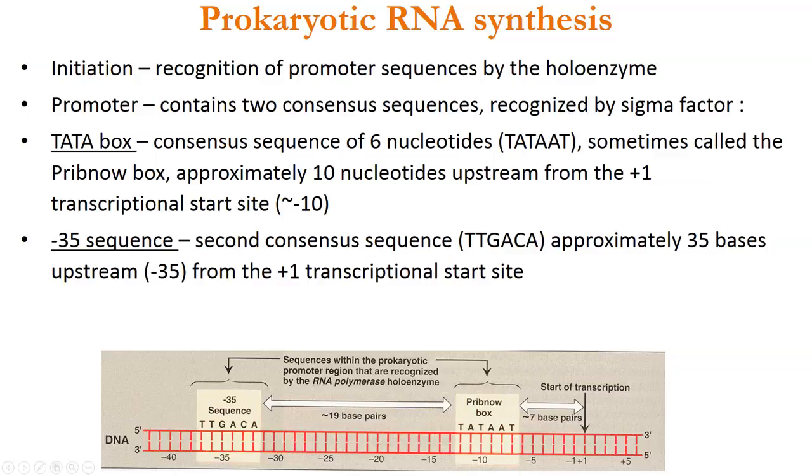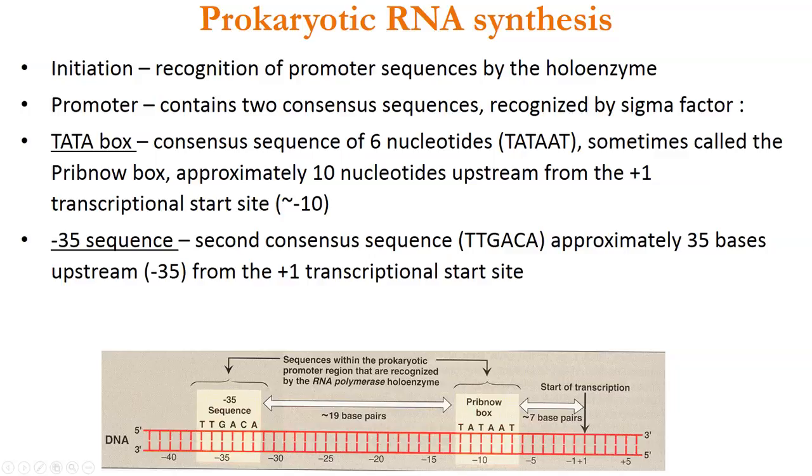It's going to allow that region to be separated so the RNA polymerase can begin its work. Once it starts, just like with the DNA polymerases, it has no problem peeling a nucleotide at a time apart, or base pairs at a time apart. But to separate that initial region, it's a little harder, so that's why you have AT base pairs. Okay, it's centered somewhere around -10. So once again, you'll see in these promoter regions where we have these negative numbers.